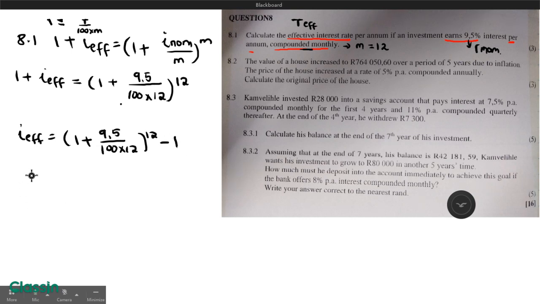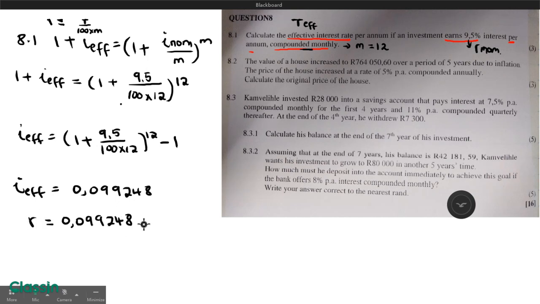When you punch this on a calculator, our I effective equals 0,099248. But because here we have I effective, and we are looking for the interest rate, not the effective interest, it means that we have to say our R equals 0,099248.